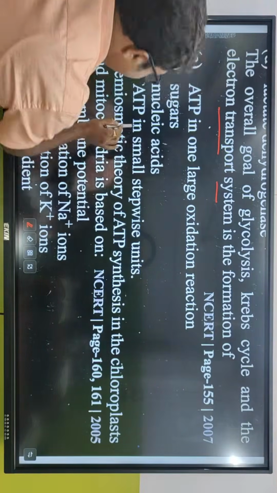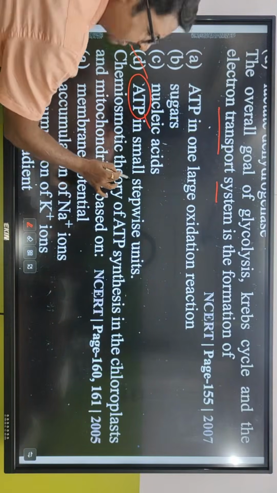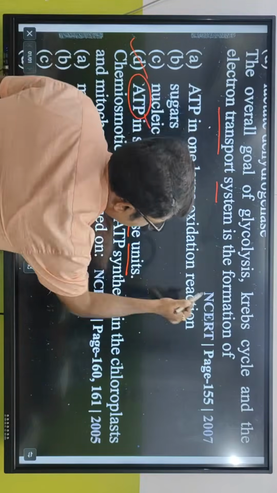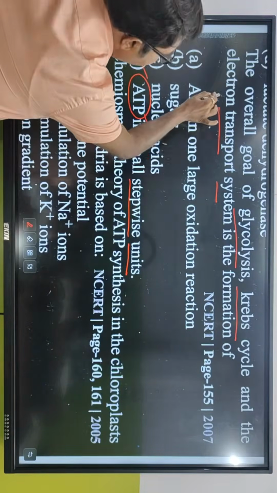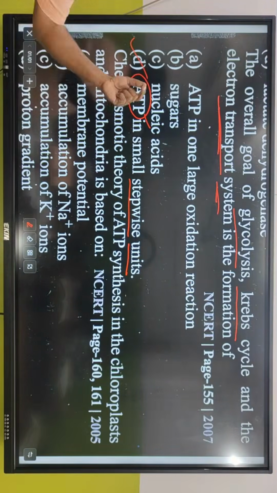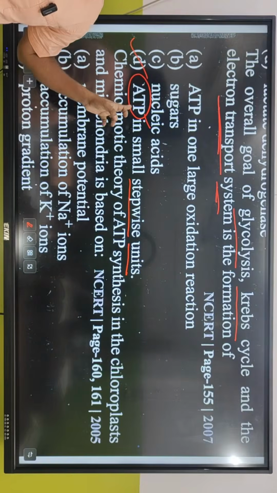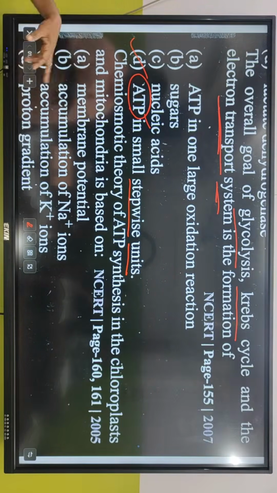ATP is going to get produced, but in small stepwise units. What is a small stepwise unit? Glycolysis, Krebs cycle, link reaction, electron transport system. What happens here? Small stepwise steps. Ultimately, what is the ultimate goal? To make ATP.